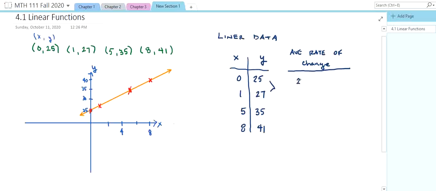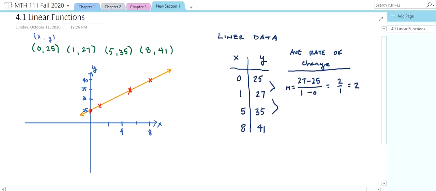The average rate of change is 27 minus 25 divided by 1 minus 0. Call this m. This is 2 over 1, which equals 2.